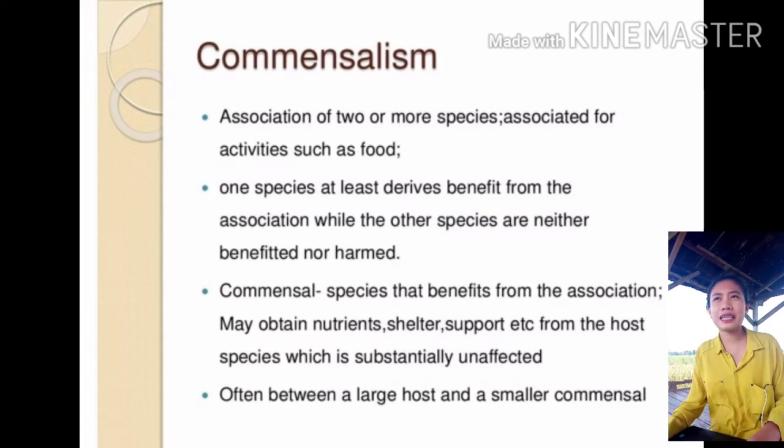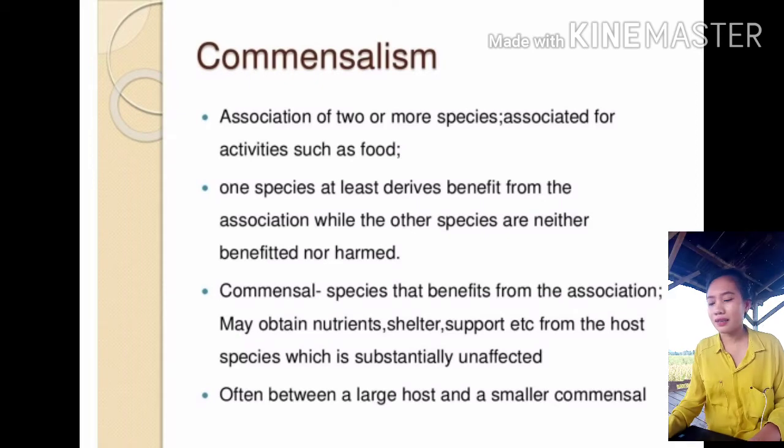It is mainly associated with food, the main reason these organisms interact with other organisms. At least one species derives benefit from the association, while the other species is neither benefited nor harmed.